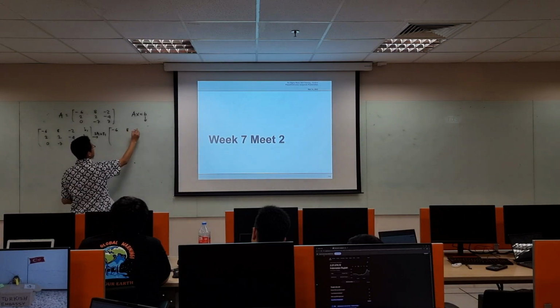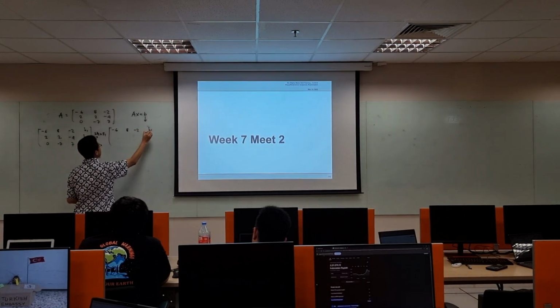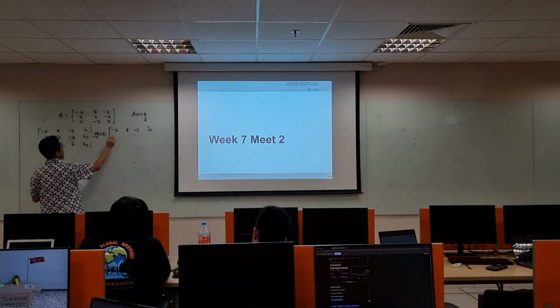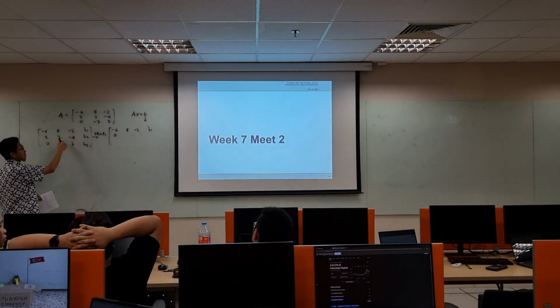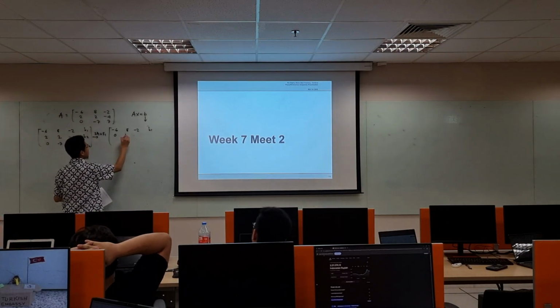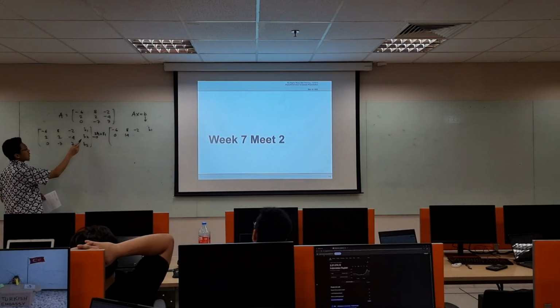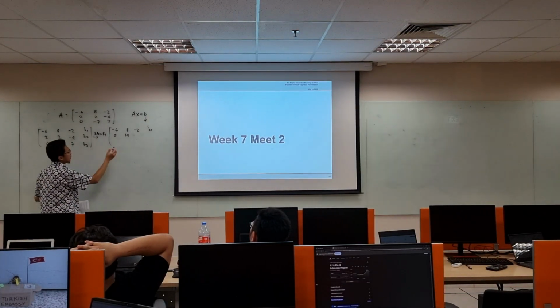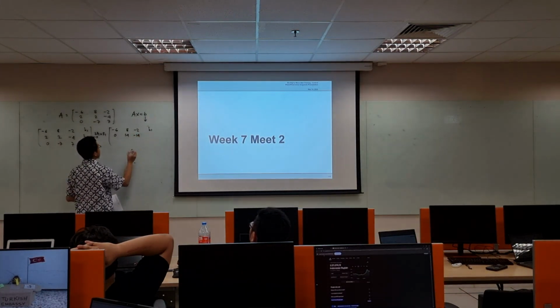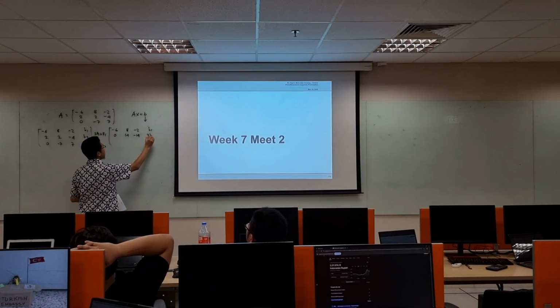The first row remains the same, but the second row becomes 0, and then 3 times 2, 6 plus 8, 14. We have 3 times minus 4, minus 12, and then minus 2, so we have minus 14. And this is just 3b2 plus b1.